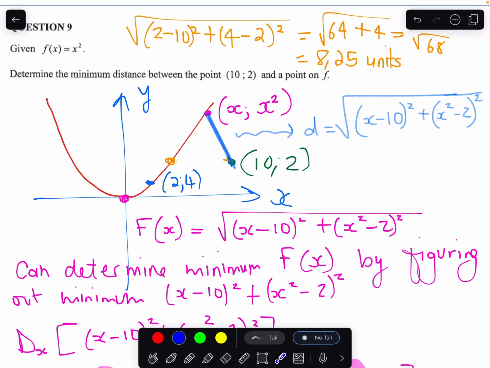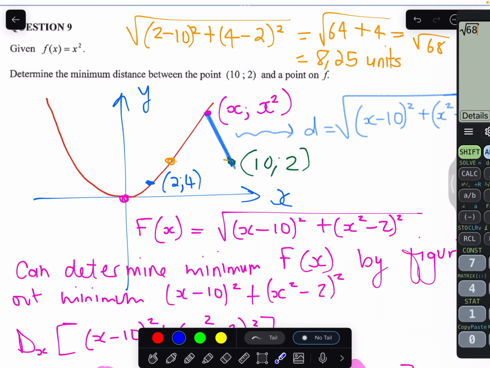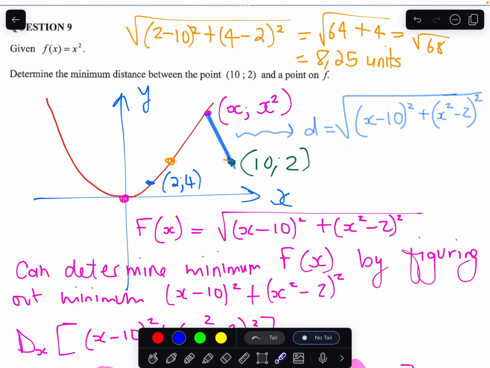So in this case, we're trying to optimize the distance between this point and a point on this parabola. So I then use the fact that for any point on this parabola, if its x coordinate is x, the y coordinate will be x squared. So then the distance between this point and any point will be given by x minus 10 squared plus x squared minus 2 squared, right? The square root of that will give us that distance.